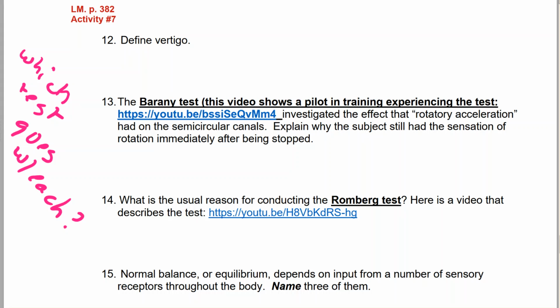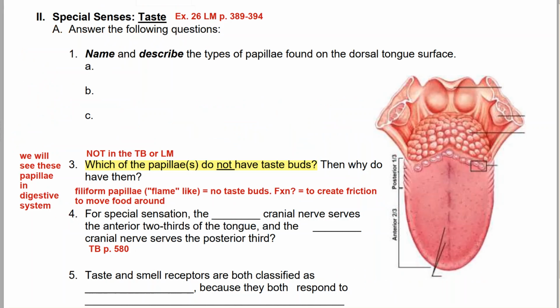Which test has to do with proprioception or balance receptors in your body? Which test has to do with determining if there's any conduction deafness? That kind of thing. You don't have to go into a lot of details about these tests, just kind of know which test goes with what. Okay, and that's it for hearing and equilibrium.